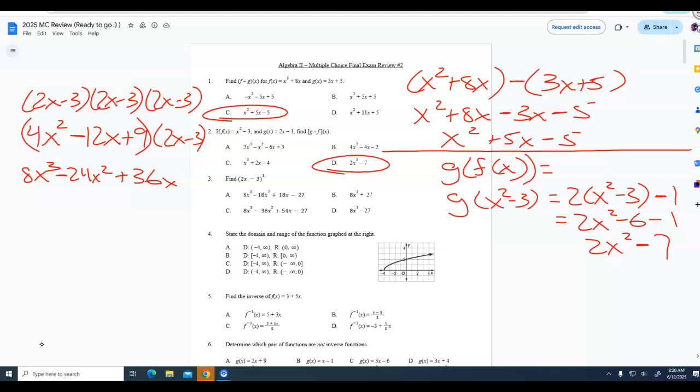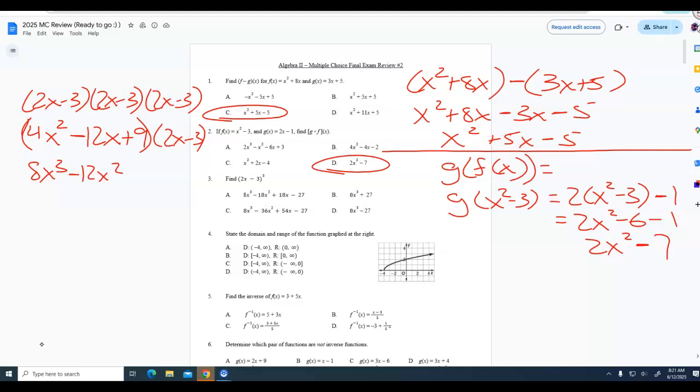Sorry, let's start that one again. Let's do 4x squared times 2x, that's 8x cubed. 4x squared times negative 3 is negative 12x squared. Let's go in that order.